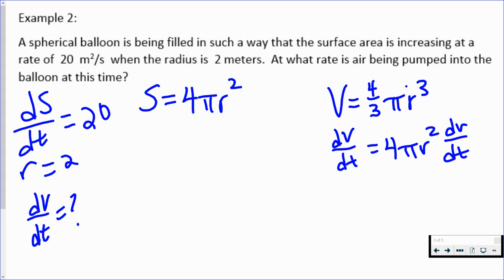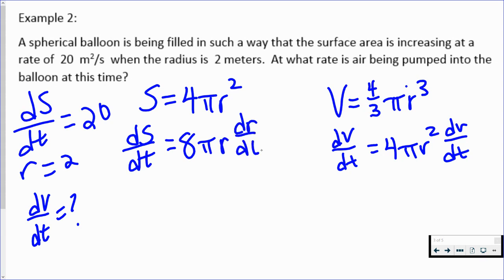However, if we use surface area, we can find dr/dt. So let's take the derivative of surface area over here on the left. Taking the derivative of 4 pi r squared gives us 8 pi r times dr/dt. Now let's plug in what we know. dS/dt is 20. Then we have 8 times pi times the radius, which is 2, times dr/dt.